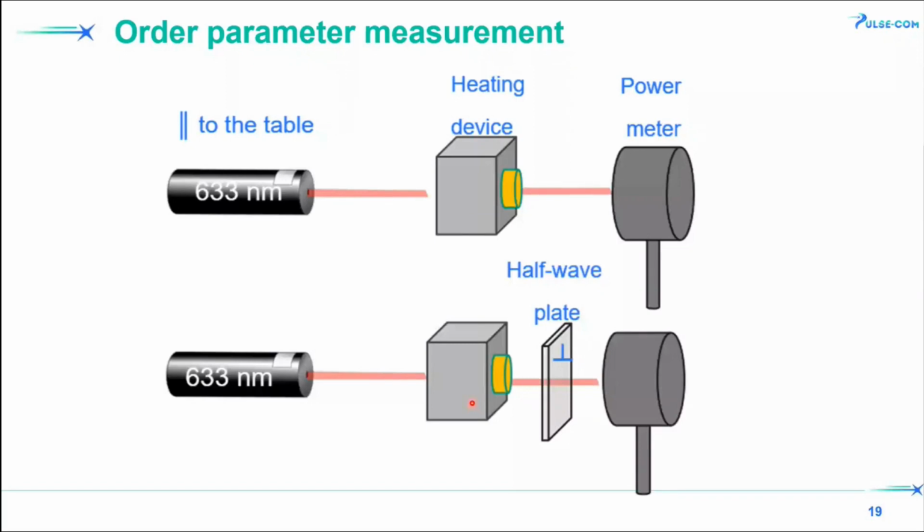Then if you put the cell at 45 degrees, the parallel light will be rotated by 45 degrees and then rotated again by the polarizer. So this means that if the temperature is nematic and the cell behaves as a polarizer, we're going to have a maximum peak. This will help you understand where the nematic temperature is.